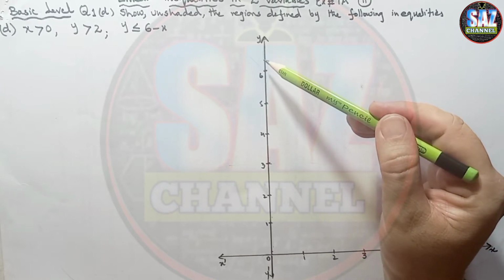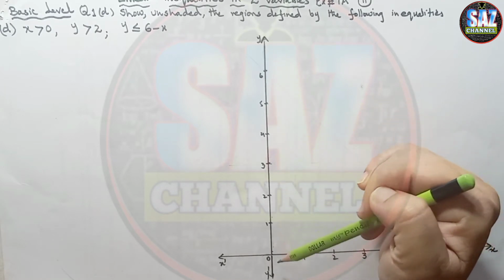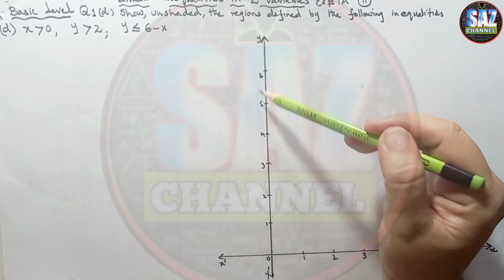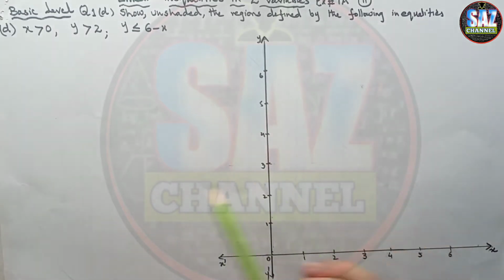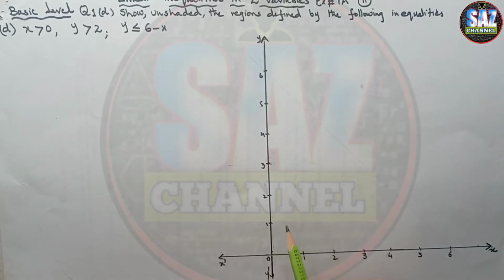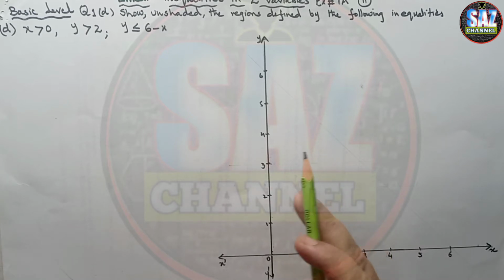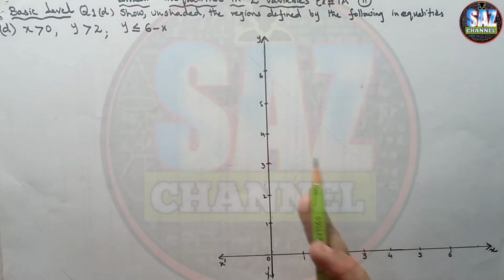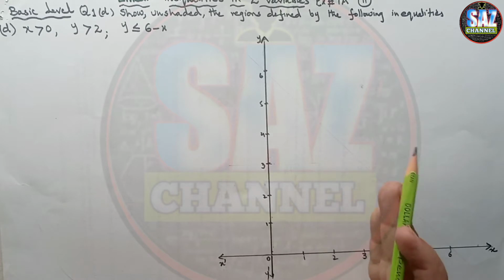When any point has its x value 0, it comes on the y-axis. The inequality x greater than 0 means we need the values of x which are more than 0, and they are towards the right hand side of the y-axis.